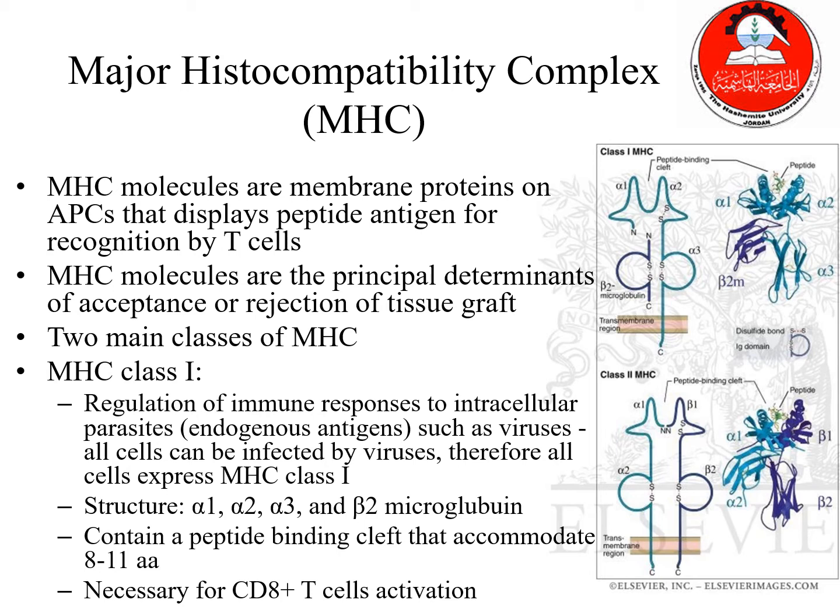Major histocompatibility molecules are membrane proteins on antigen presenting cells that display peptide antigens for recognition by T cells.